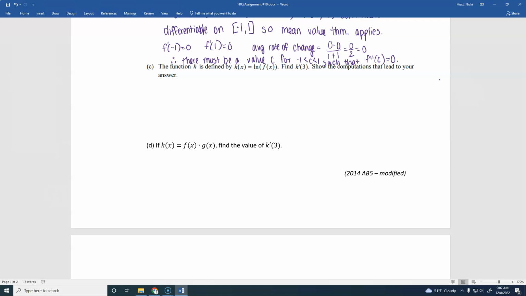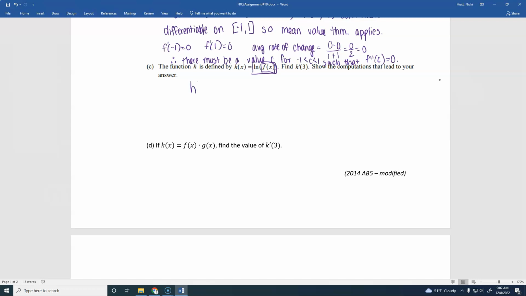All right. Okay. Part C tells us that the function h is defined by natural log of f of x, and we're supposed to find h prime of 3 and show the computations that lead to your answer. So for this derivative, you've got to do a chain rule here. To take the derivative of a natural log, we do 1 over whatever we're taking the natural log of.